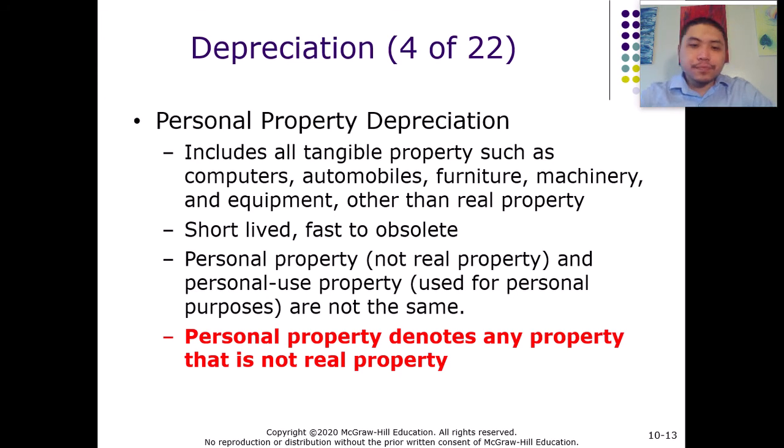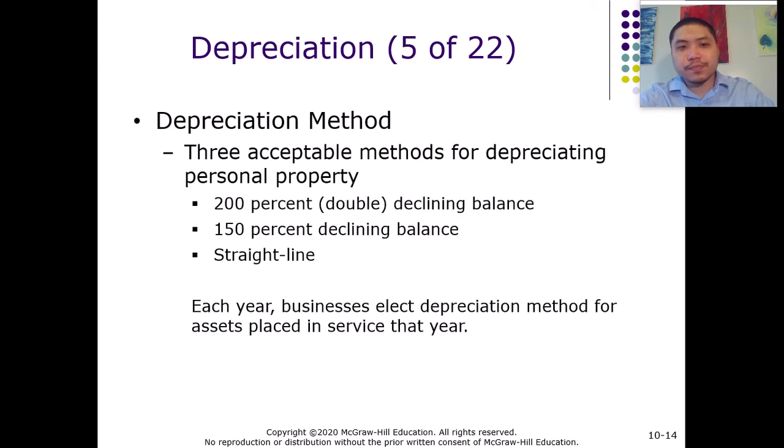So first we're going to talk about what options we have to depreciate personal properties, and then we're going to talk about how to depreciate real properties, right? All right, so for personal properties, there are three types of method that we can choose from: the 200% or double declining method, the 150% declining method, or the straight line method, right?